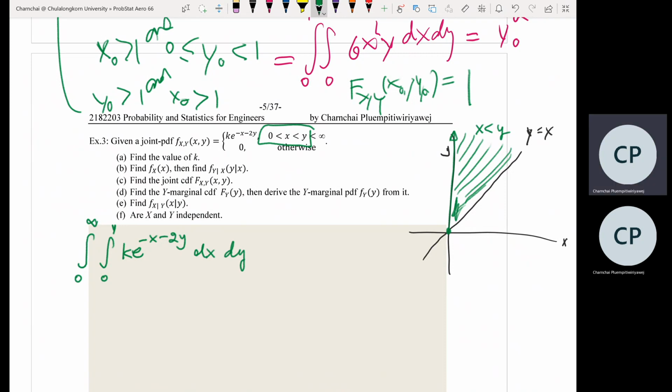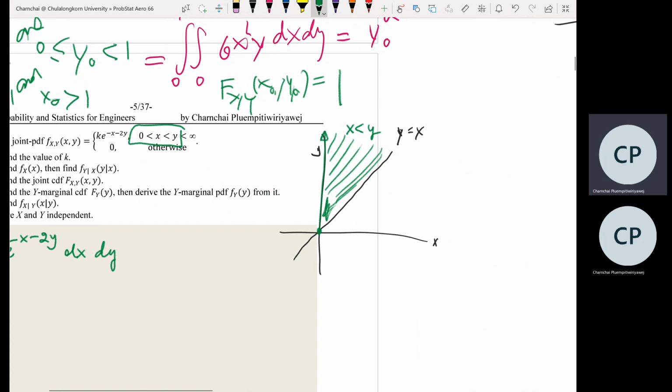The line x equal to y is a straight line. This is the line x equal to y, but this area is where x is less than y.